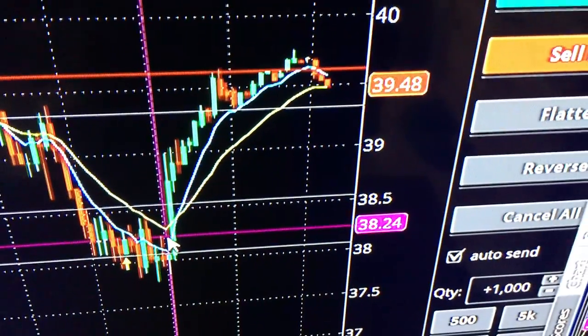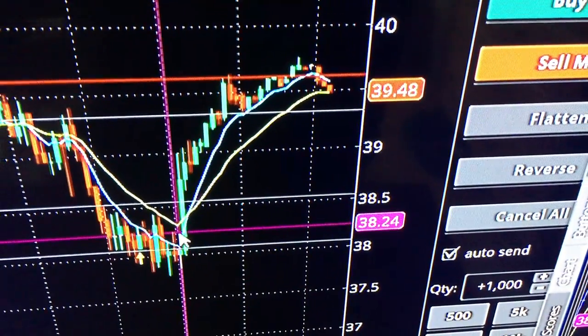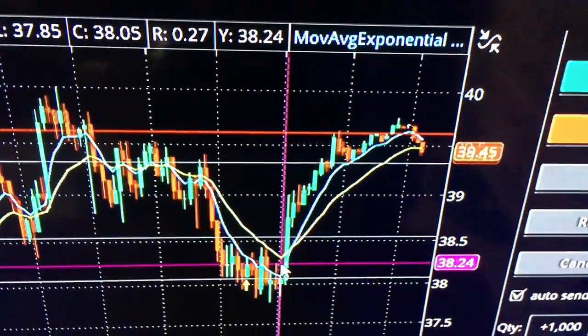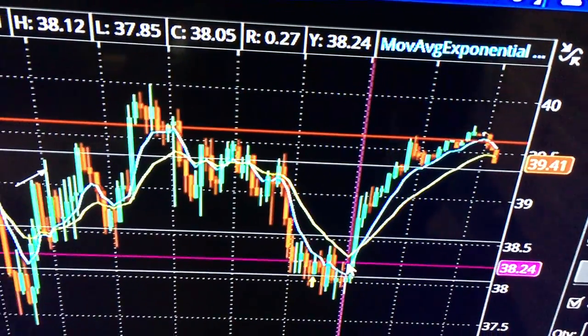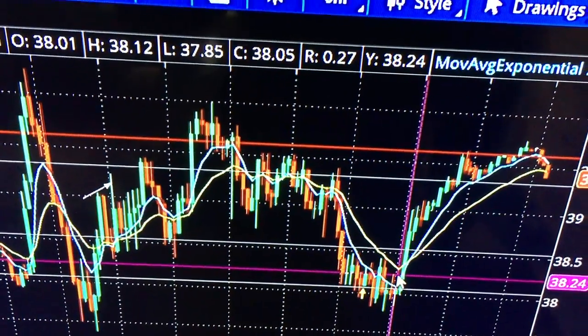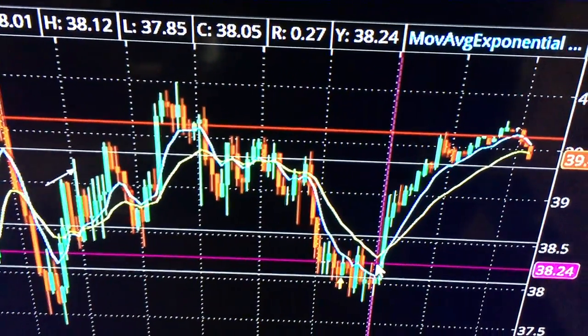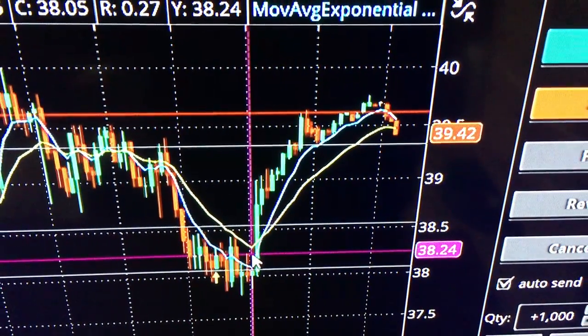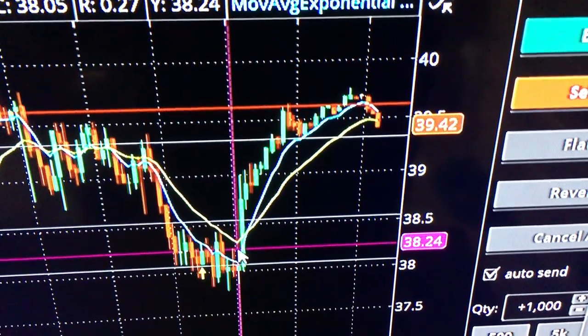Then after hours, it just blew up. Went to not the highs of the day, but certainly the higher levels of the day. And that goes to show you how the cash session differs from the aftermarket session.